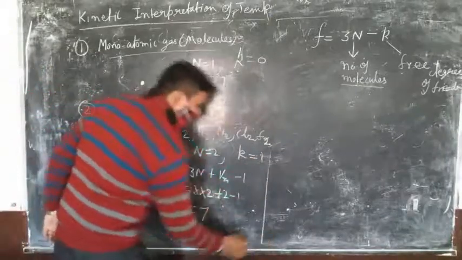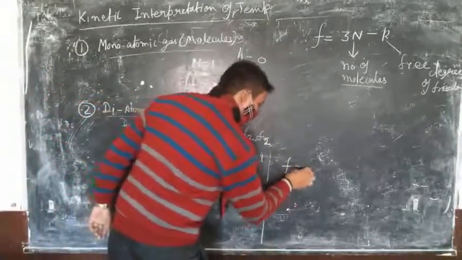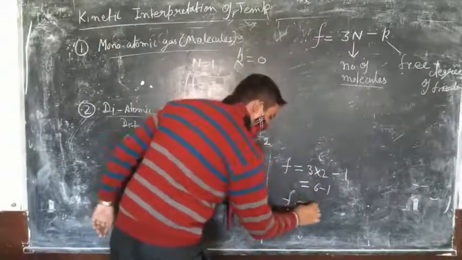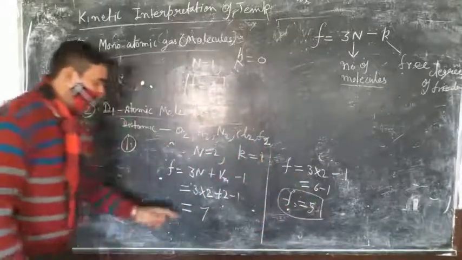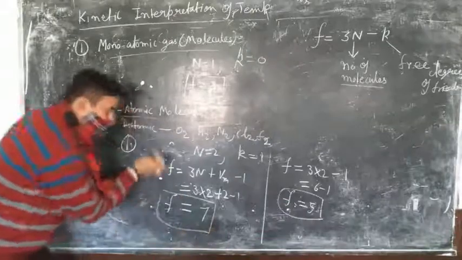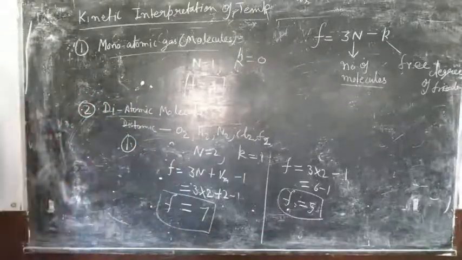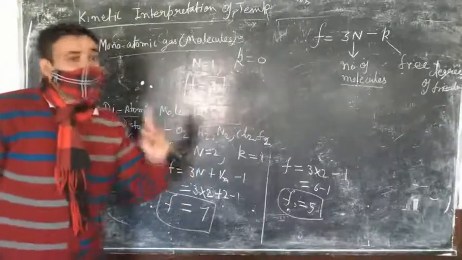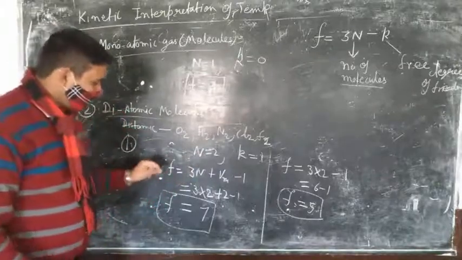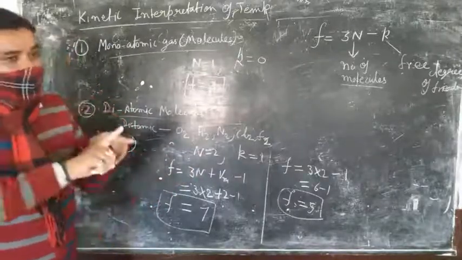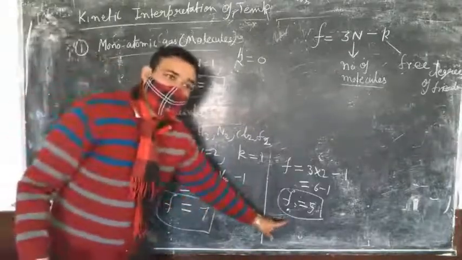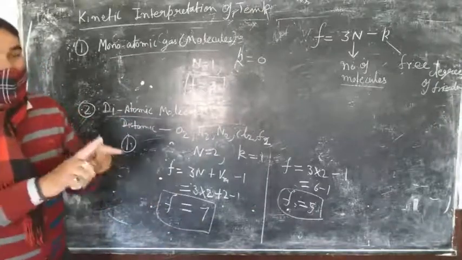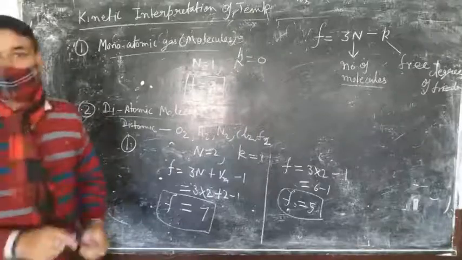And second, F is equal to 3 into 2 minus 1, which is 6 minus 1, that is 5. So they have two types of degree of freedom, one is 5 and one is 7. One is when they show translational and rotational, and the other when they show translational as well as vibrational. Okay, thank you.